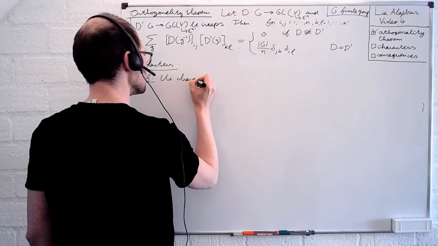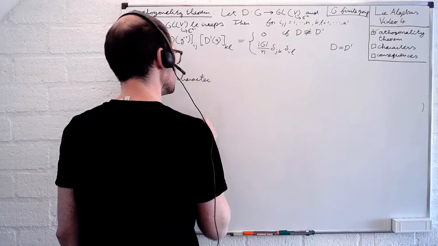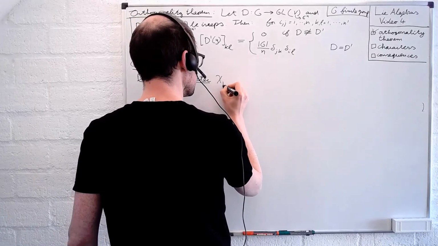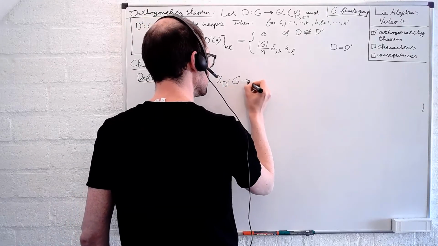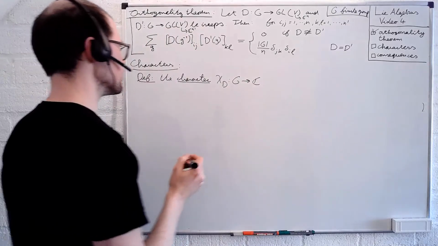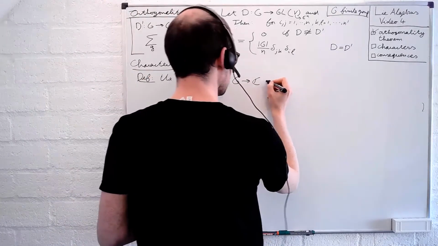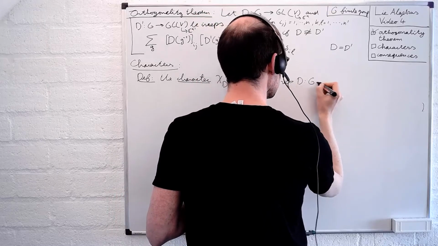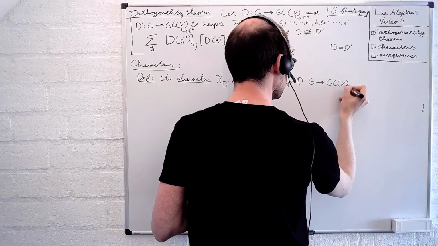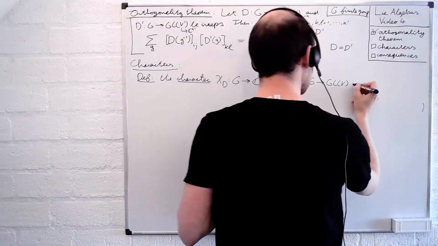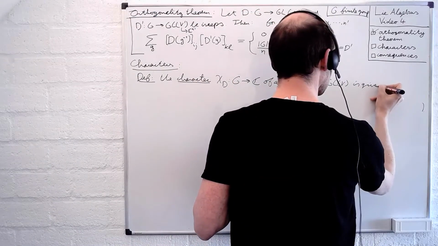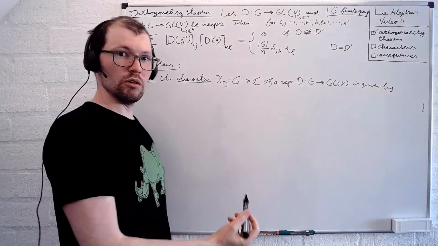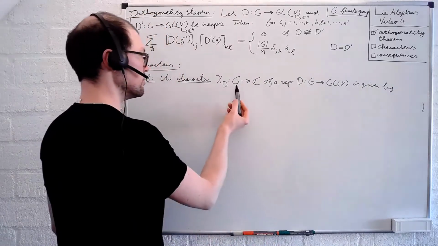The character, which is really a function from G to the complex numbers, of a representation D of the group G is given by just taking the trace of the matrix that you've associated to a group element.